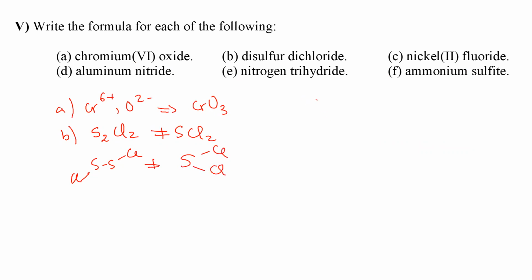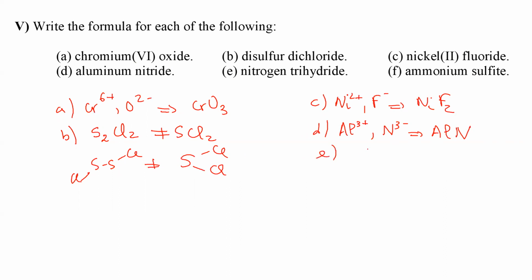Okay, for C, nickel 2 fluoride, so this one is easy, Ni 2 plus, and F minus, going to be NiF2. Okay, for D, aluminum nitride, aluminum is 3 plus, nitride is N3 minus, going to be AlN. And for E, nitrogen, so N, it's going to be molecular, so we keep the name of the first element, NH3.